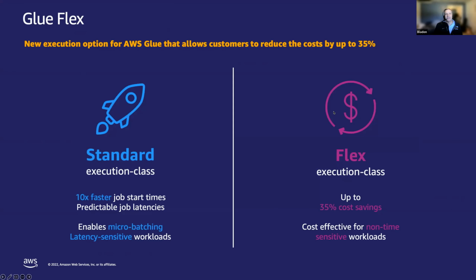What Flex is for is it's kind of like the analogous compute clustering environment to AWS Spot EC2 instances, if you're used to that. So Flex uses spare capacity in the AWS compute environment so that you get highly reduced costs from using that spare capacity.